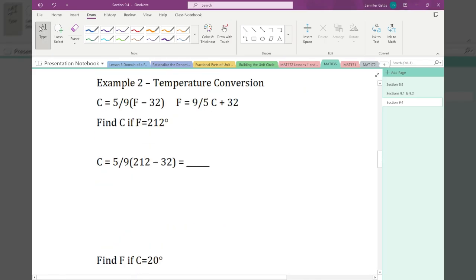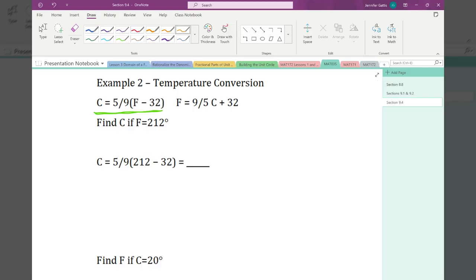Okay, so converting temperatures. Well, if we want to calculate the temperature in Celsius, if the temperature in Fahrenheit is 212 degrees, we can use this formula here, okay?